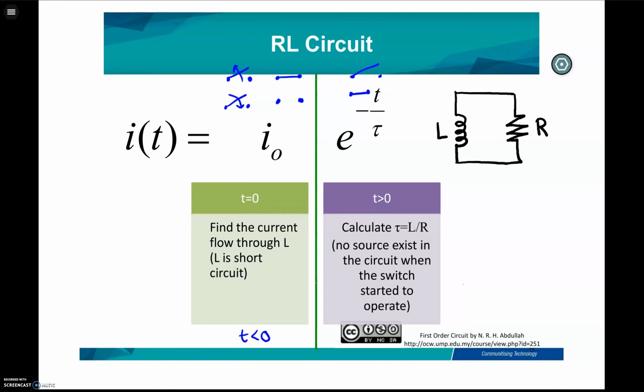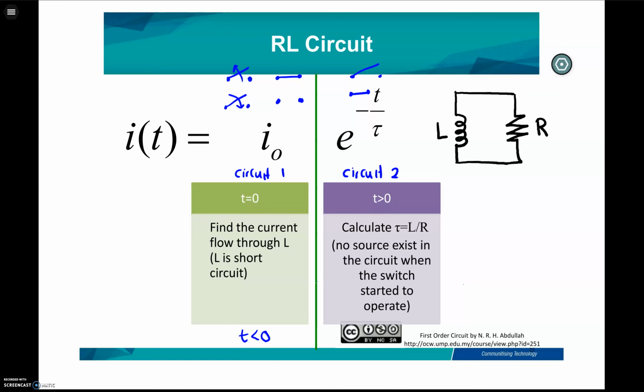You have to find the I naught and e to the power of minus t over tau by drawing a circuit. In this area, there will be circuit number 1 and here is circuit 2.